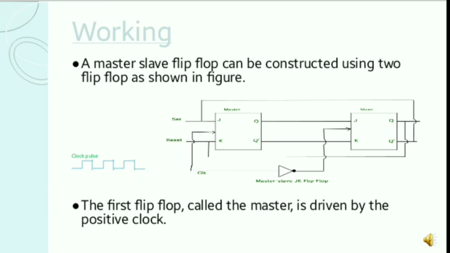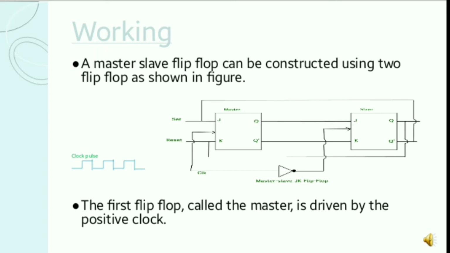So, in this, there will be two JK flip-flops in which one acts as master and another acts as slave. Basically, the slave flip-flop copies the output of the master flip-flop.